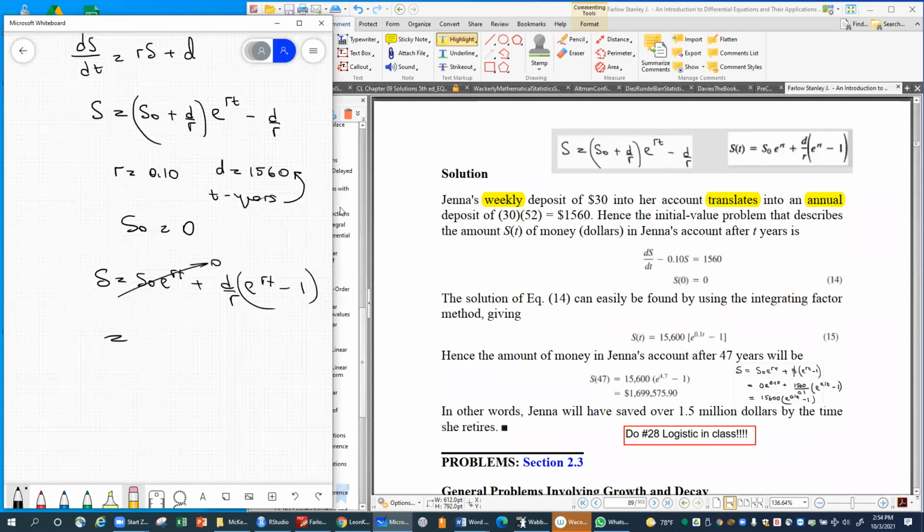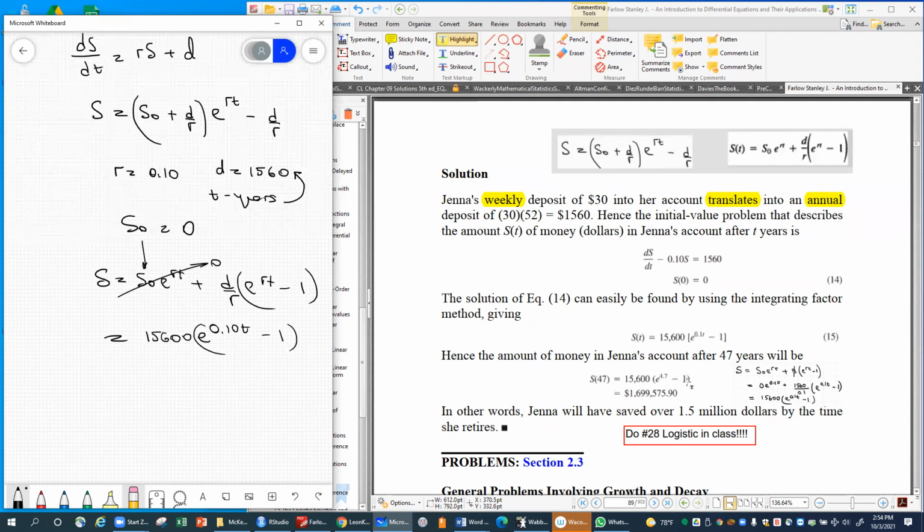This is 0 because S0 is 0. And d is what we said, 1560, and r is 0.1. So it's 1560 over 0.1 times (e^(0.1t) minus 1).